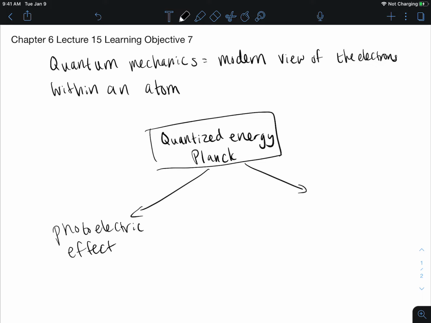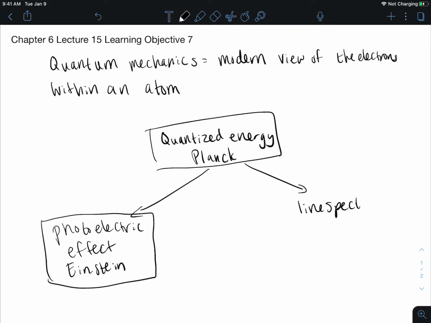Einstein used that to explain the photoelectric effect, and then the line spectrum of hydrogen also used the idea of quantized energy, and it was from Balmer and Rydberg.